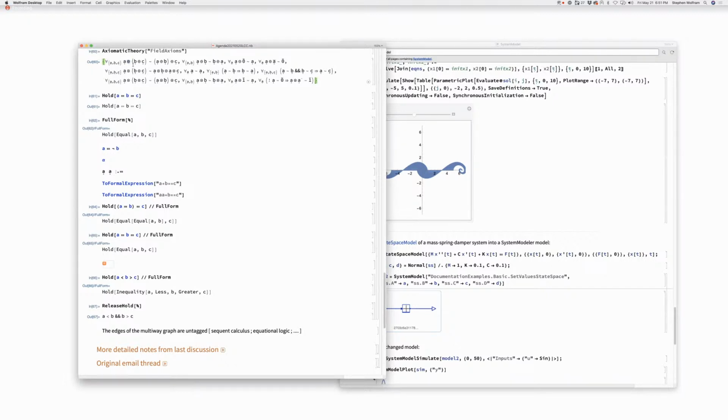The argument would be that maybe we just don't have enough non-meaningful operators, or maybe we need a better convention for how all the non-meaningful operators would work. Anybody want to comment on this? Michael, do you want to comment on this? Sorry, I had problems unmuting.